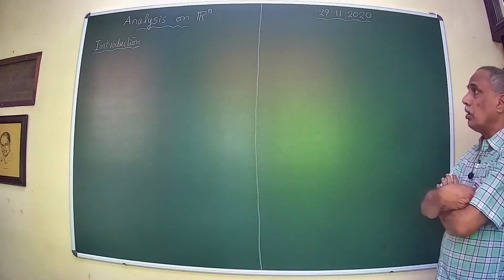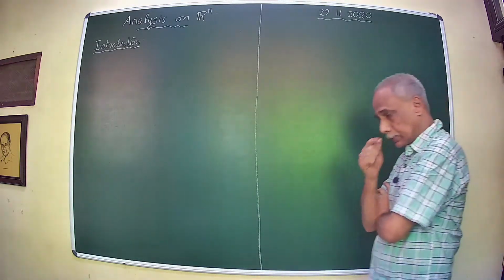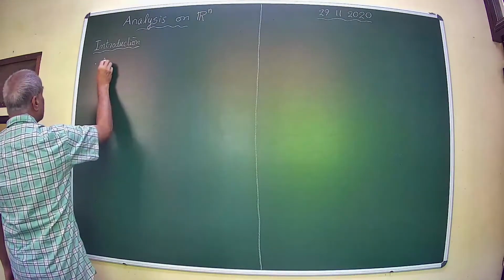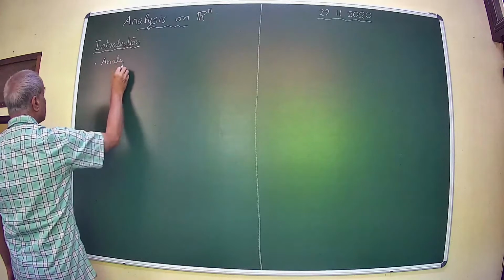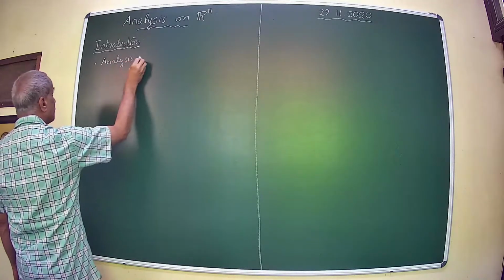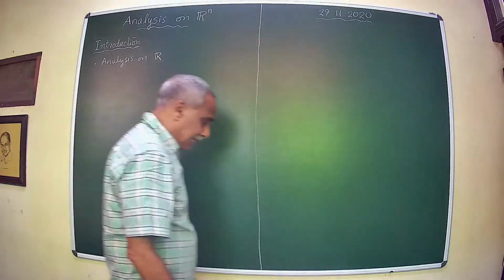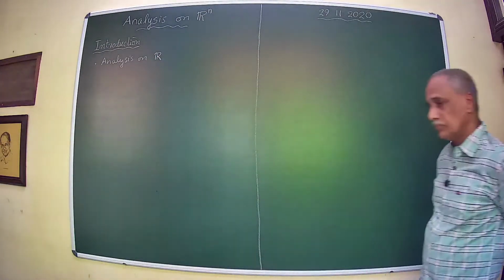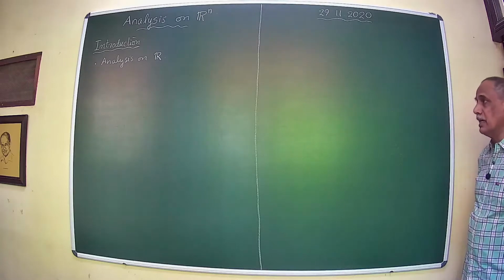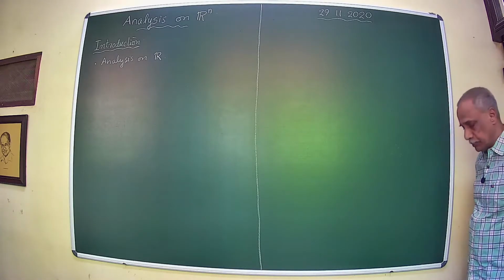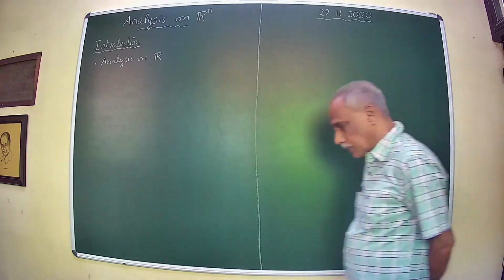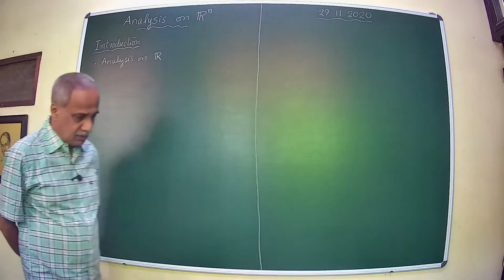Well, we are already familiar with analysis on R. Now R is a field. R is a one-dimensional vector space over R. R is a field with respect to the usual addition and multiplication.